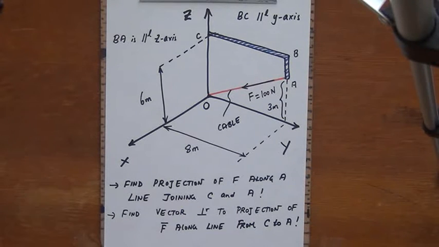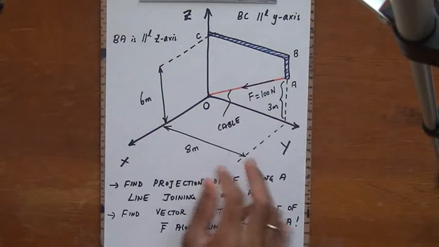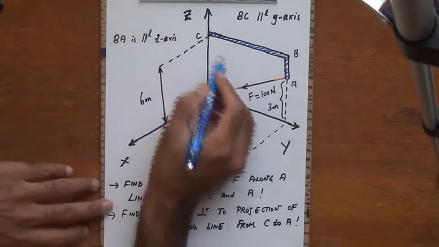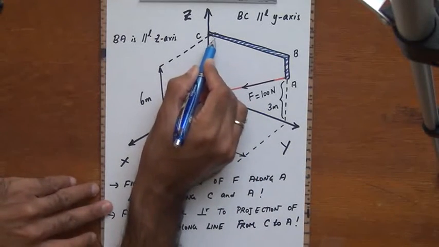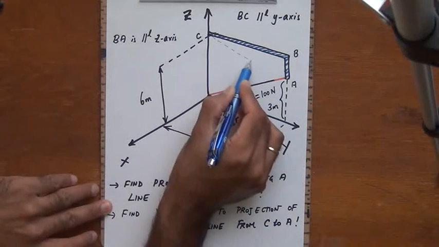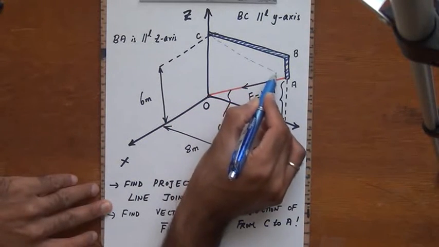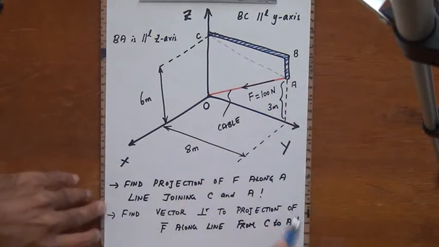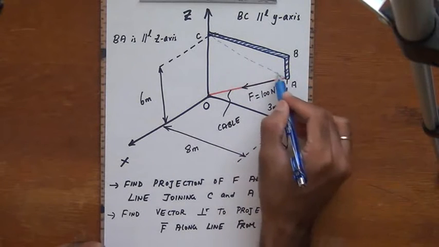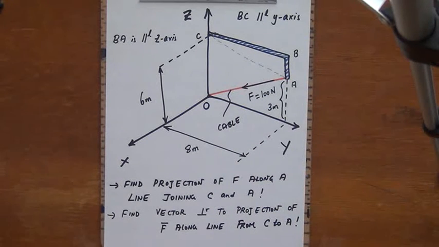What do we need to find out? We need to find the projection of this force along a line joining the point C and the point A. So here is a line that is joining the point C and the point A, more or less a straight line. We need to find the projection of this force along that particular line, and then what do we finally need to find out?